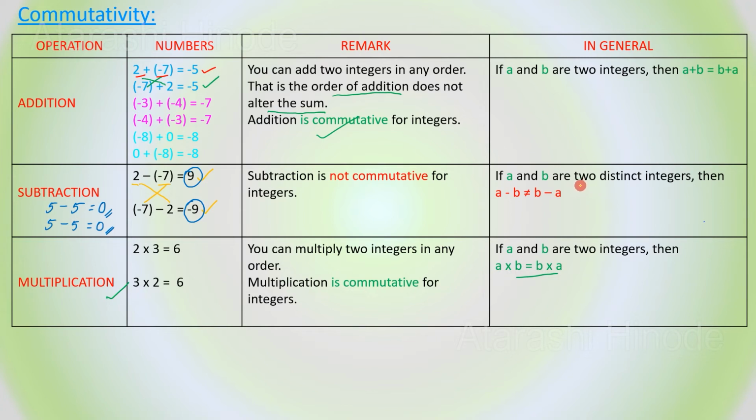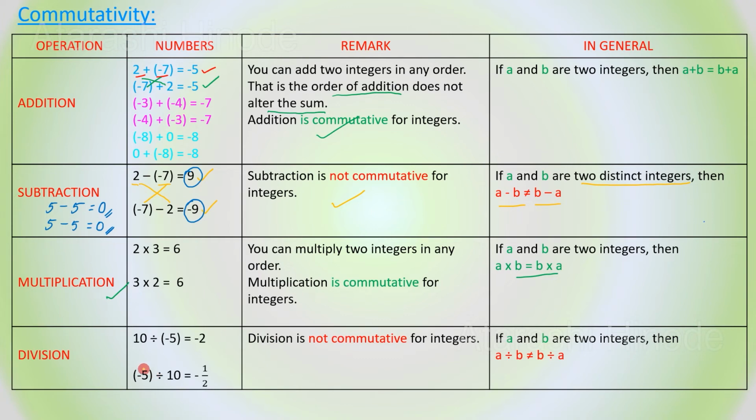That is, for two distinct integers a and b, a minus b is not equal to b minus a. So, subtraction is not commutative for integers. And in the case of division also, if we change the order of the numbers, we get different answers. So we can say addition and multiplication are commutative for integers, while subtraction and division are not commutative.